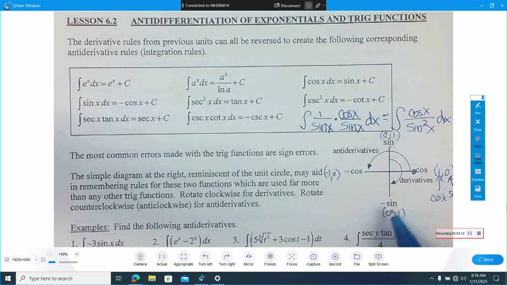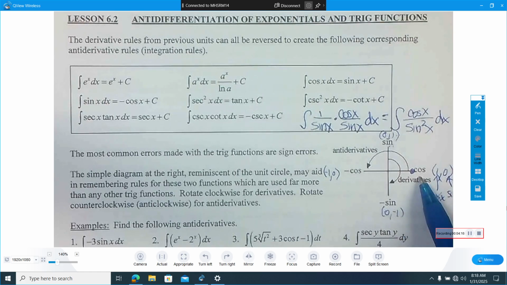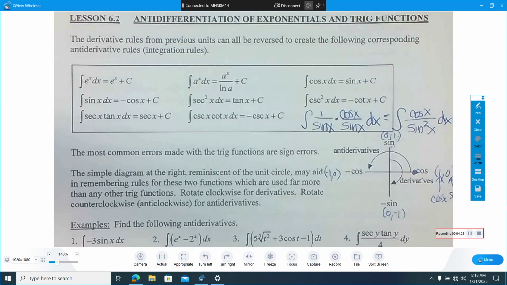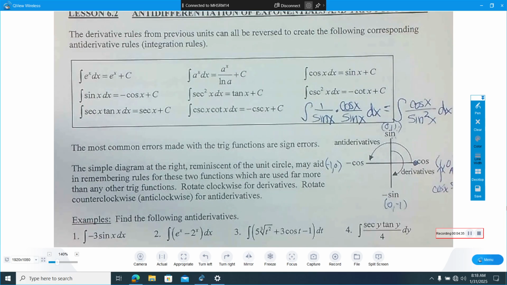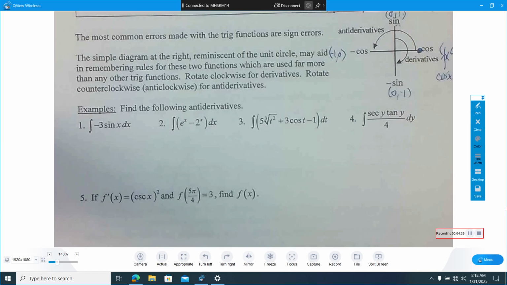The antiderivative of negative sine, cosine. The antiderivative of cosine, sine. The integral of sine, negative cosine. I don't find it hard to remember, because I just work with the negatives for the most part. So anyway, that might be helpful. And it's pretty easy to write down. It makes pretty good sense.